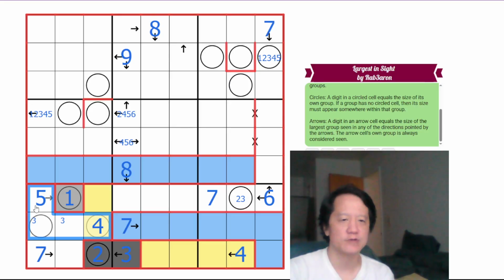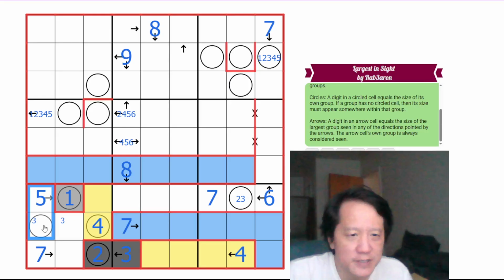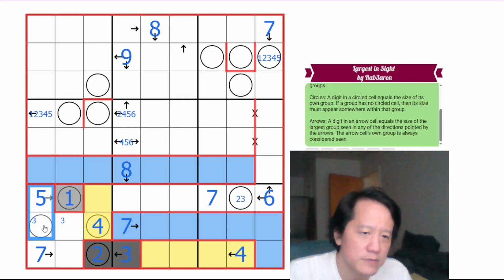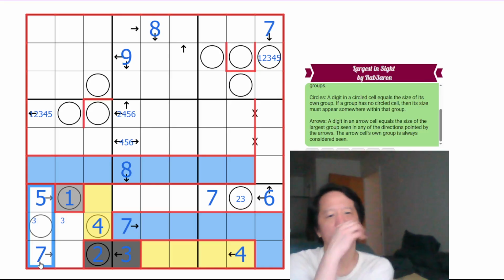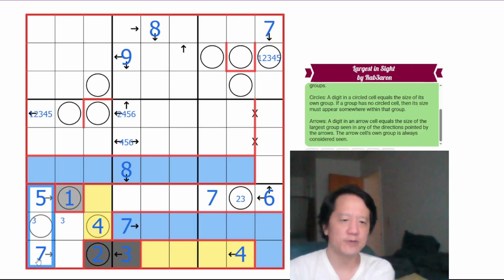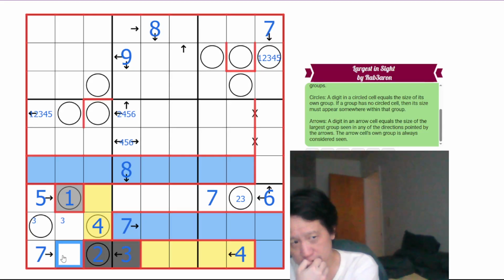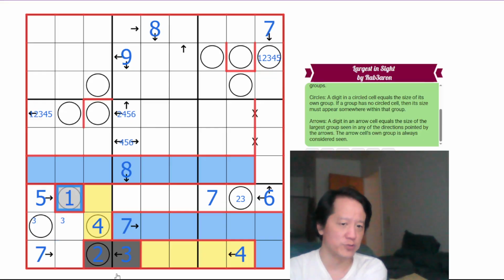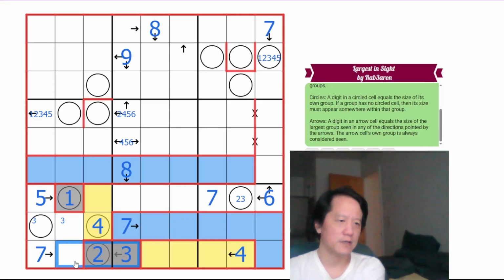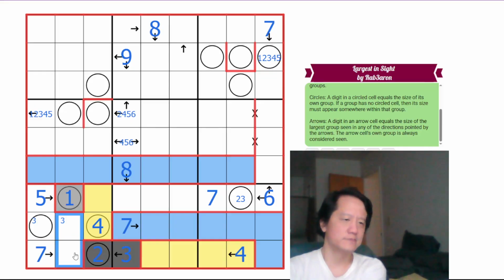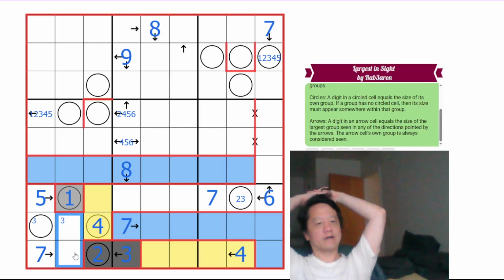That would have solved a lot of things. This has to be part of this. It's just not going to work, because the problem is, we could have 4 here, but then this would see size 4. And it can't be 1 or 2 because we already have 1 and 2 in the box. Ooh, that's not great.